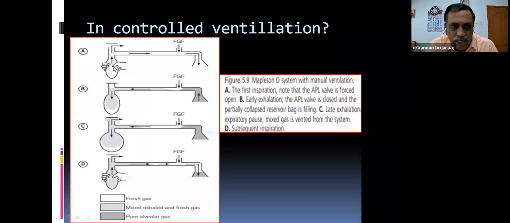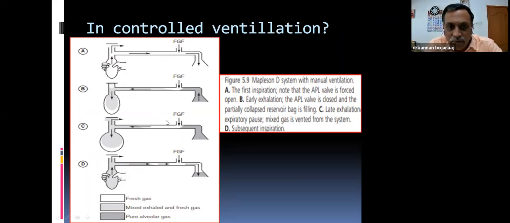Squeezing the bag, some of the gases are vented out, and the gas really goes through this exhaled limb and mixes with the fresh gas flow. Both will get inside the patient during the act of expiration. Patient expired gas and fresh gas flow come to this exhaled limb and partially fill the bag. Once the bag is filled and the pressure is mounted up, that will open the valve and that will be vented out.